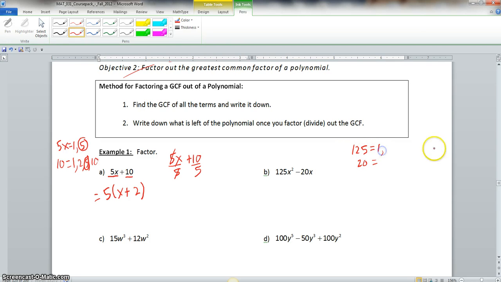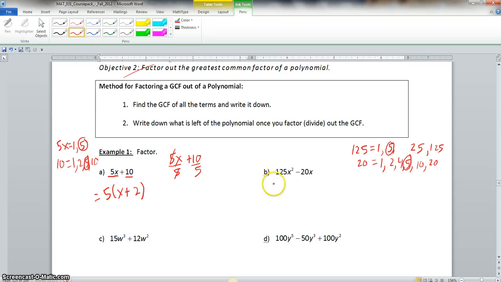So it'll be 1 and 125, and then we know 5 times 25 is 125. And these are the factors of 125. Now 20 we did earlier. It was 1, 2, 4, 5, and also 10 and 20. Now, the greatest common factor they have here is 5.